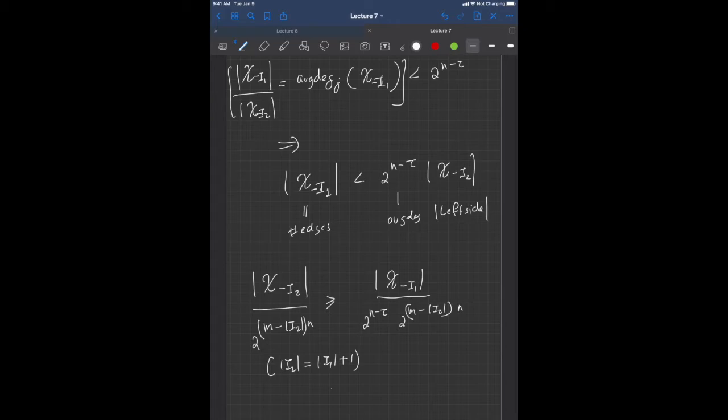So this is like x minus I1 divided by 2 to the, I'll put it into two parts, m minus I times n, and then this I2 was I1 plus 1.